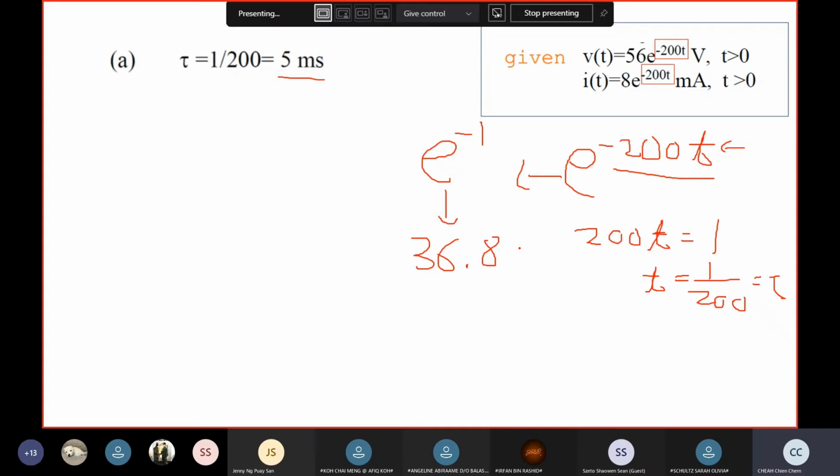So remember, you just set 200t equal to 1. Then you have e to the power of -1. That t is called the time constant. In this case, it's 5 milliseconds.